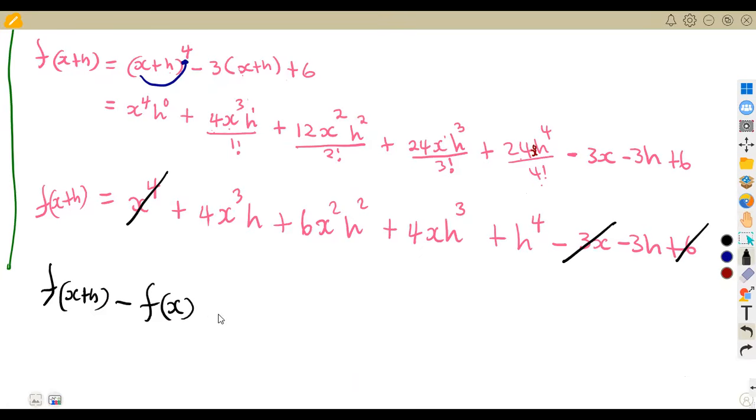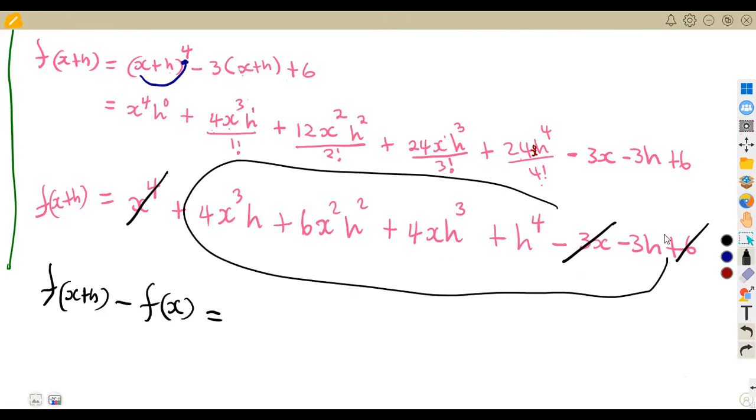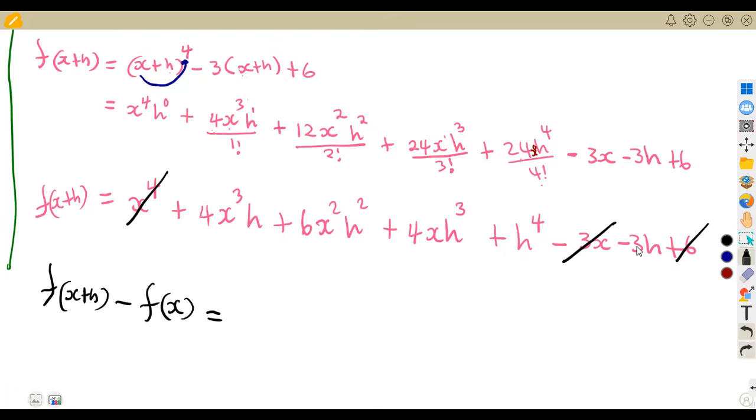And as you can see there, h is common, because you're going to remain with this part. Like I said, those ones canceled. You're going to remain with this part, and also this 3h is there. But as you can see, h is common throughout, so you're going to factor out h. So you remain with 4x to the exponent of 3.